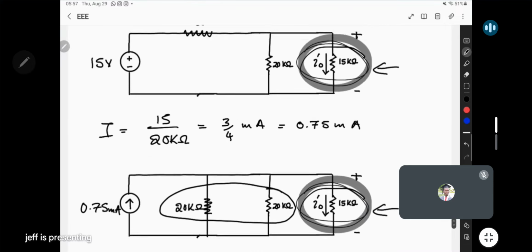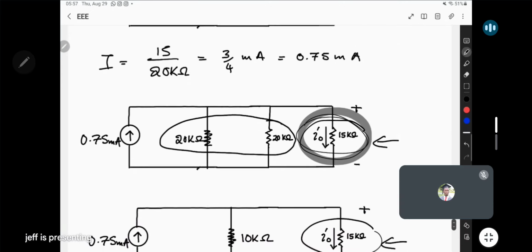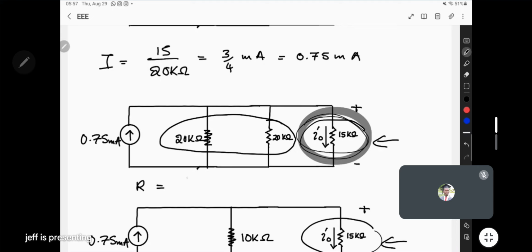So the question is, how did this become 10 here, right? We did discuss it earlier on. We said if resistors are in parallel and they have the same value, they will always reduce to half the value of 1. So 20 times 20 divided by 20 plus 20. So this will be 400 divided by 40.